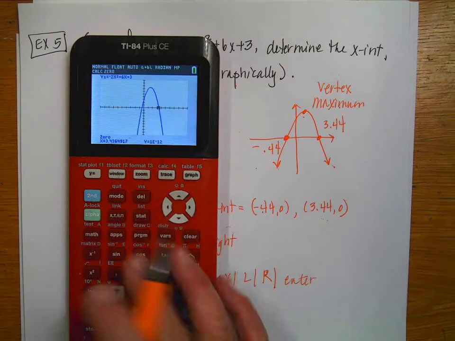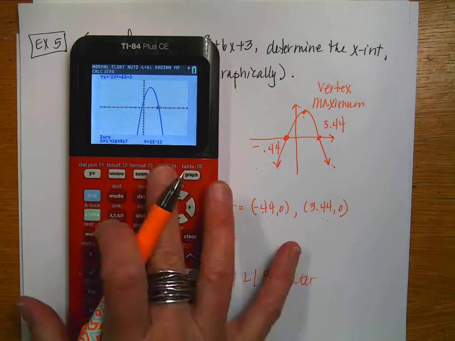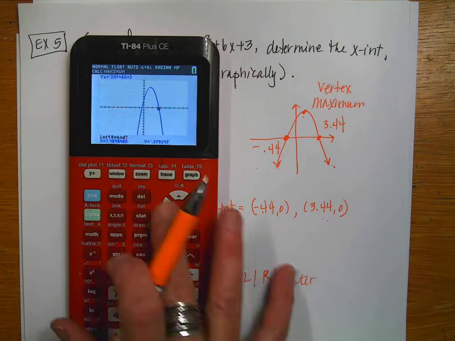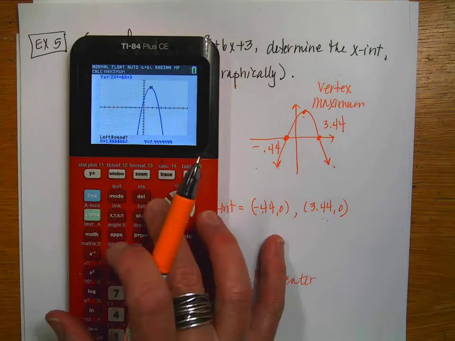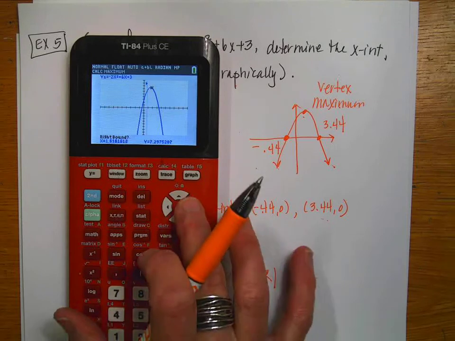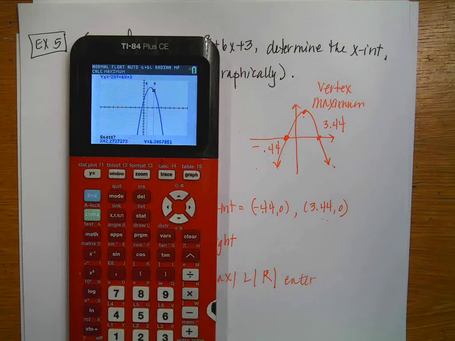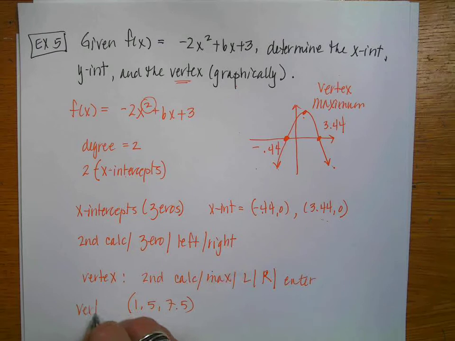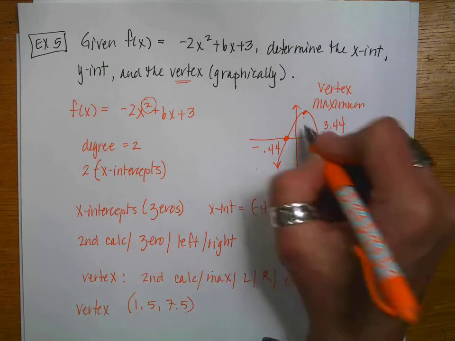Okay, so let's do that math. My vertex is up here. It's also the maximum, the highest value on the function. So I'm going to do second, calculate. Option number 4 is maximum, and it says left first, so I'm going to go just past the left, and then I'm going to cross the top and go to the right, enter, enter, and it tells me the vertex is going to be 1.5 and 7.5, okay?